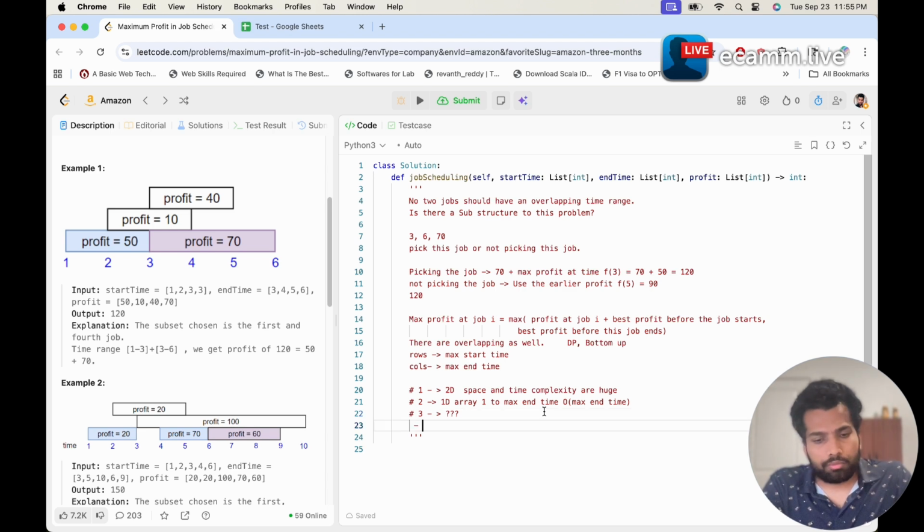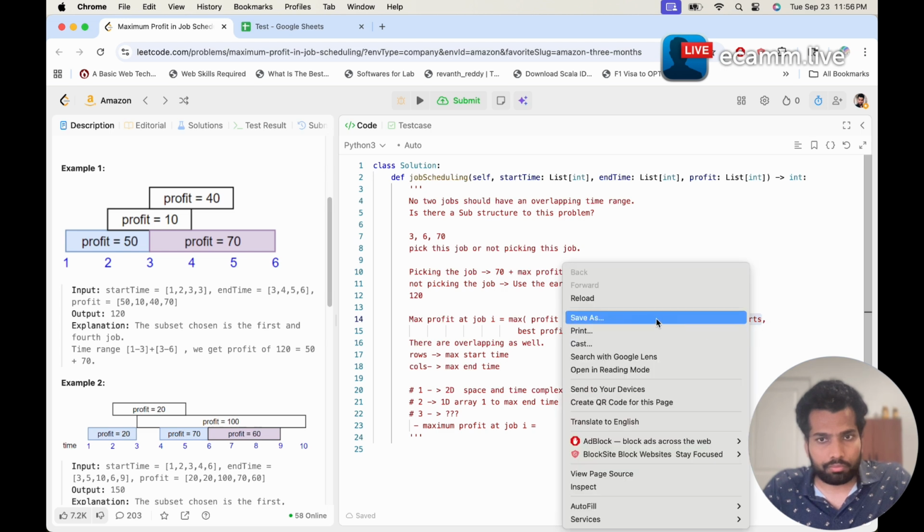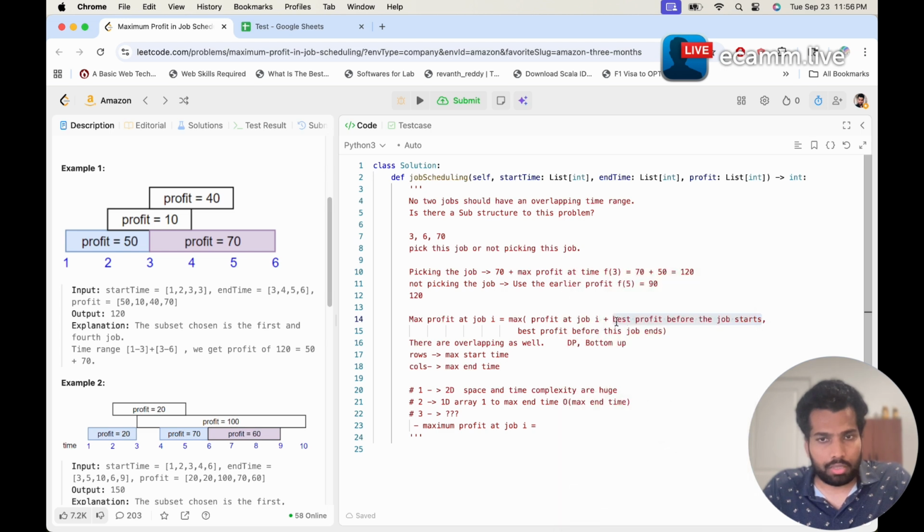Maximum profit at job i equals, the two choices here, the profit of job i plus the best profit before the job starts.